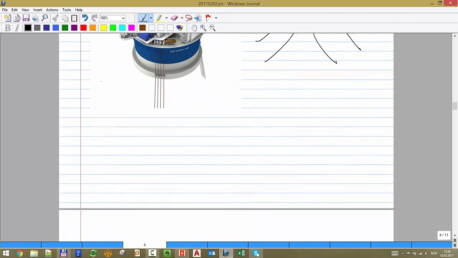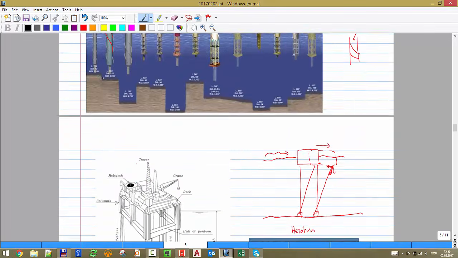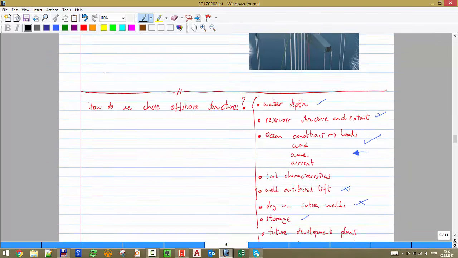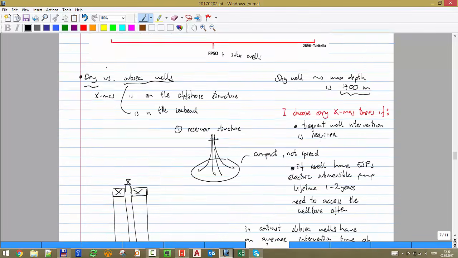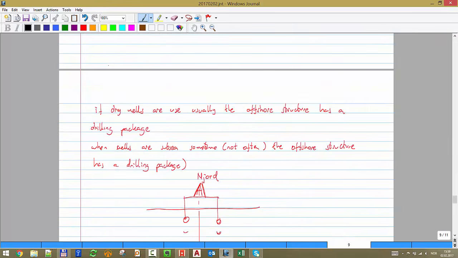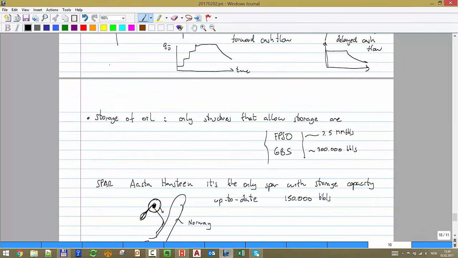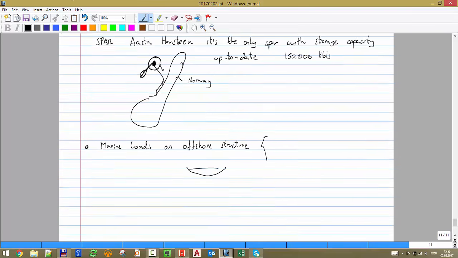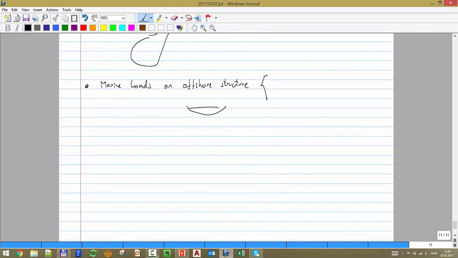And then we saw some things that affect the decision, most important, the dry wellheads, dry Christmas trees versus wet Christmas trees, subsea wells. And then the storage. Next class we're going to see the marine part, the offshore part. Any question before we close? No? Okay.